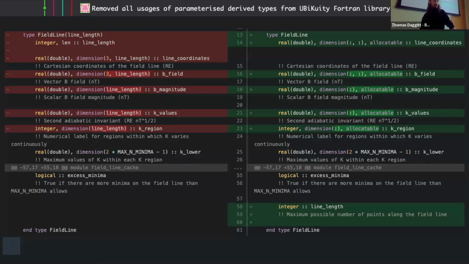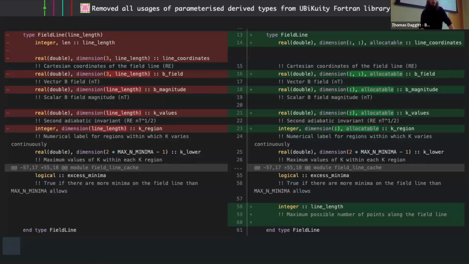And this is quite powerful because it allowed me to do some customization. If I want to change the maximum number of points along a field line, I can have that as an argument to the parameterized derived type. Or at one point, I also had the sort of grid spacing size for my particle tracing, and things like that.